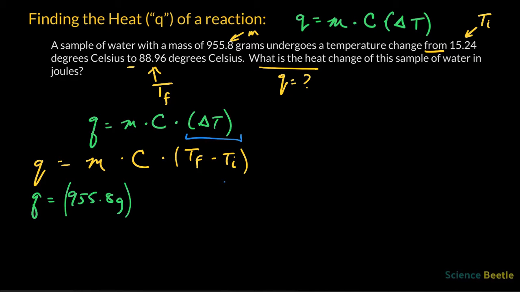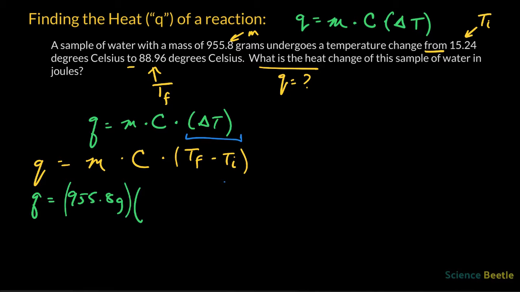And then the specific heat here is going to be a value. The previous video should have identified it, but if we didn't get it at that point, let me give you the specific heat. The specific heat of water is very specific, and essentially it is the amount of energy that is needed to raise the temperature by 1 degree Celsius for a particular mass, and that mass is 1 gram.